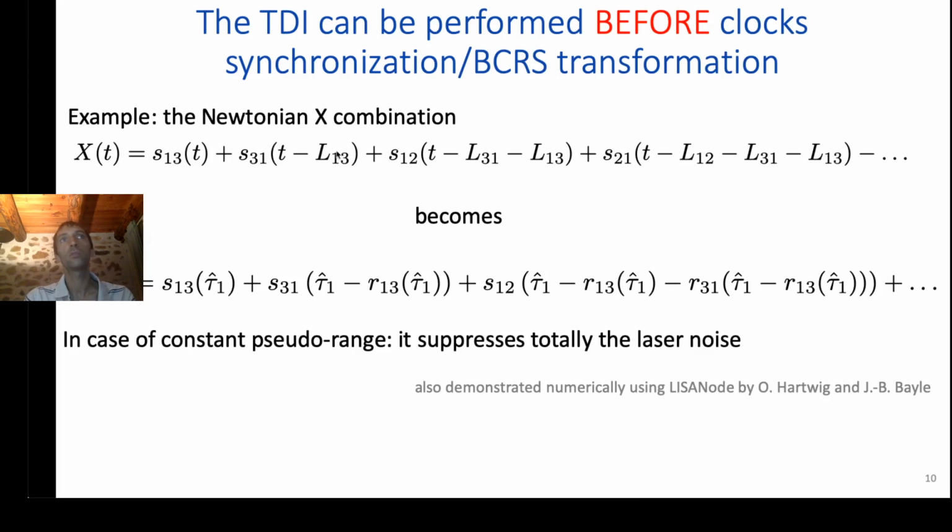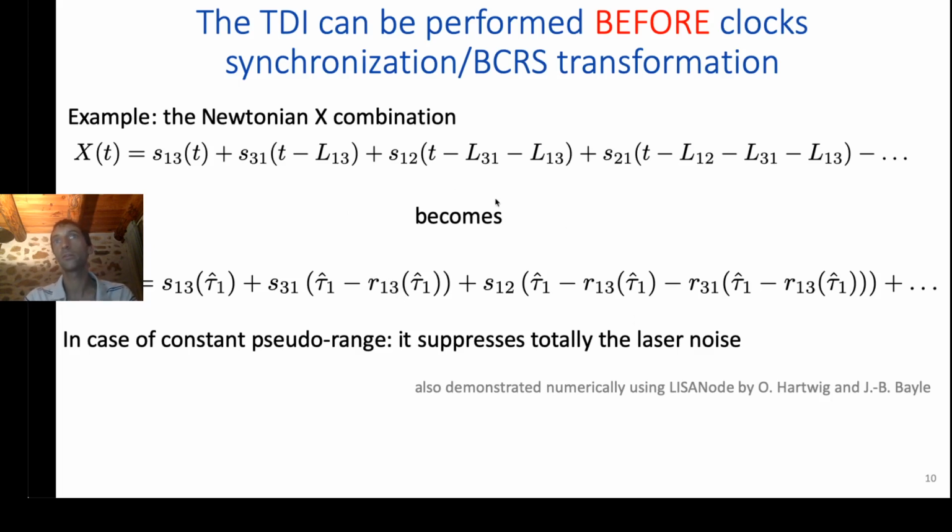And basically what we need to do is to replace this small t by the local user time, which is denoted by the tau variable. On the other hand, the interspacecraft distance is directly replaced by the pseudo ranges measurements here.